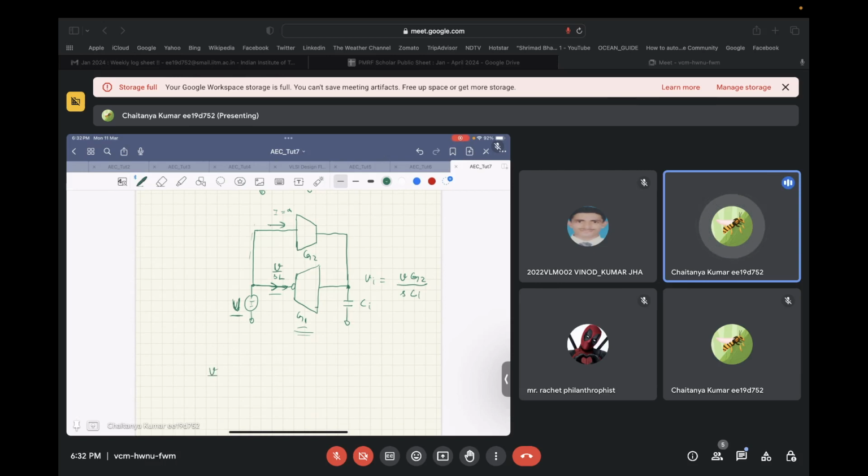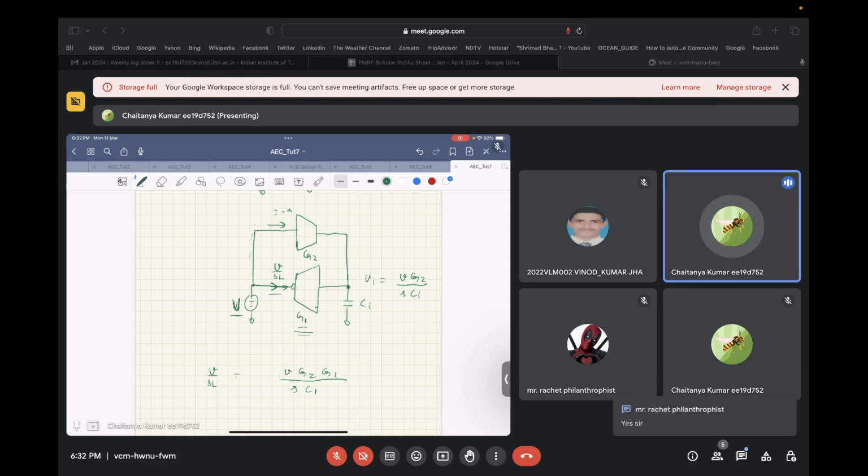So the V by SL that we needed is equal to V G2 G1 divided by SC1. Okay, is this thing clear to you guys?